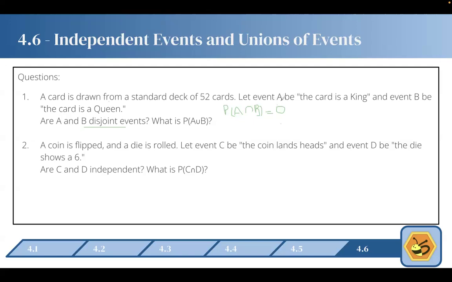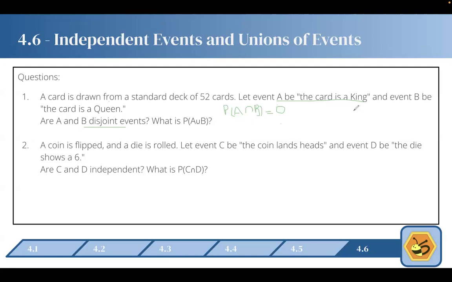We know that event A is the card is a king. Maybe I should have specified, there's four kings in the deck and there's four queens in the deck, one of each suit. I feel bad if you're an international student who has never played cards and you need to do AP stats. There are lots of things that you probably won't know.